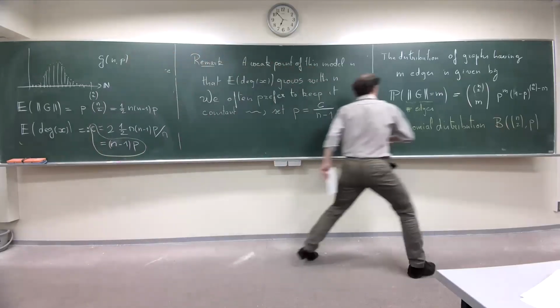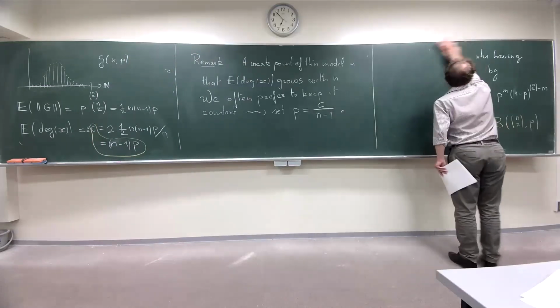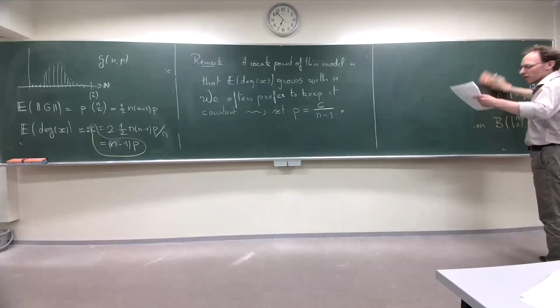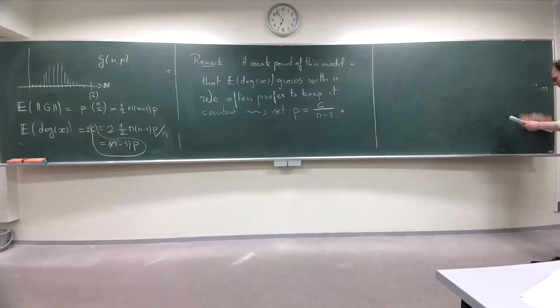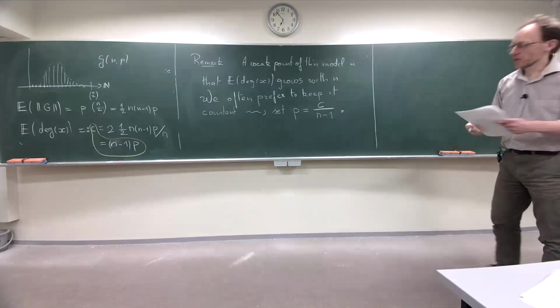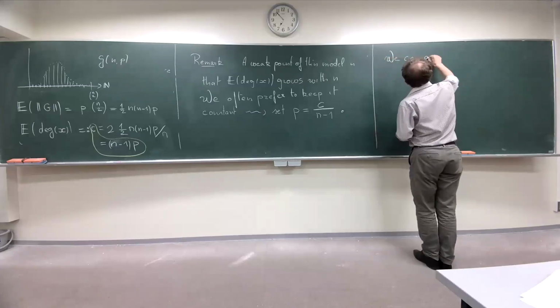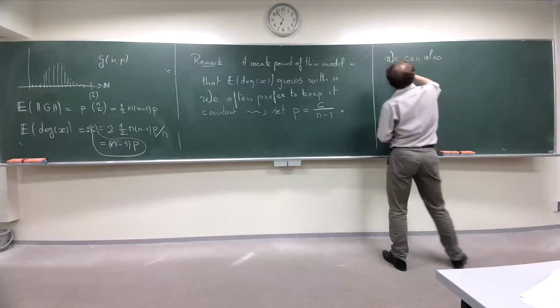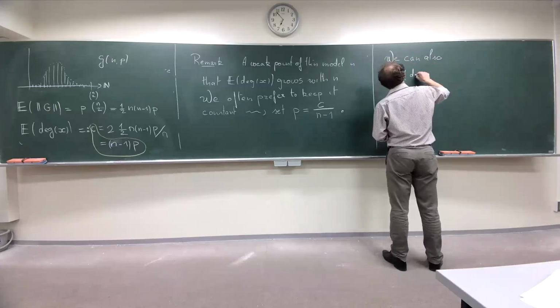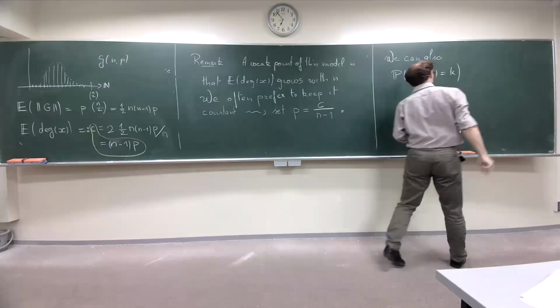Another thing which can be computed rather easily, I just give you the answer. Before we computed the mean value for the degree, but we can also get the probability that the degree at x is a certain number k.